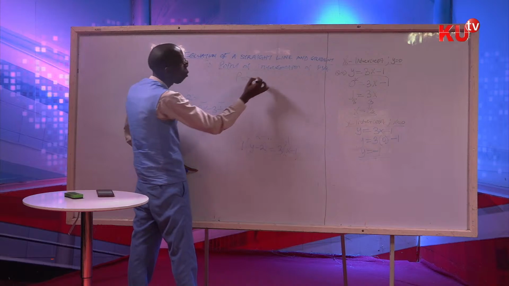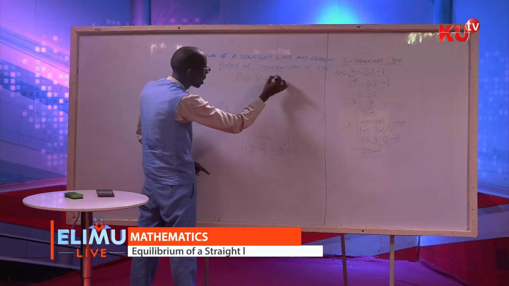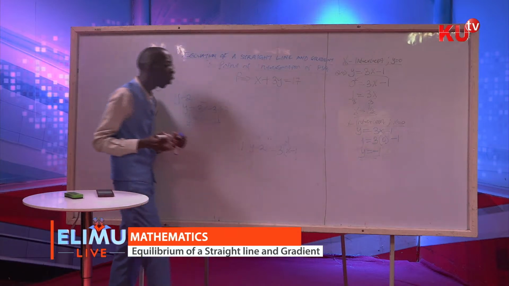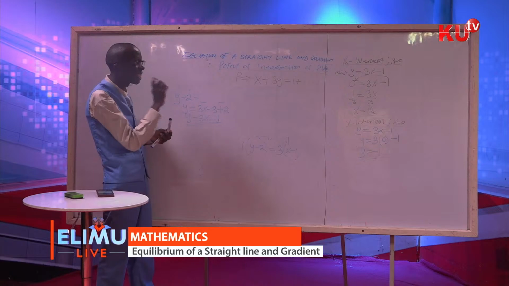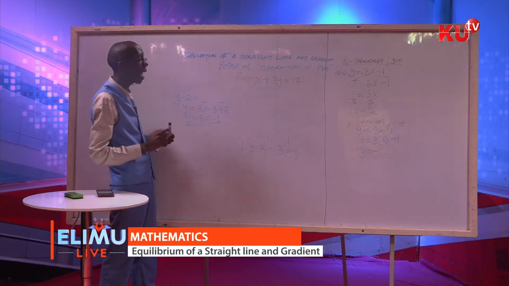Our P was x plus 3y is equal to 17. Write this P in the form y is equal to mx plus c.